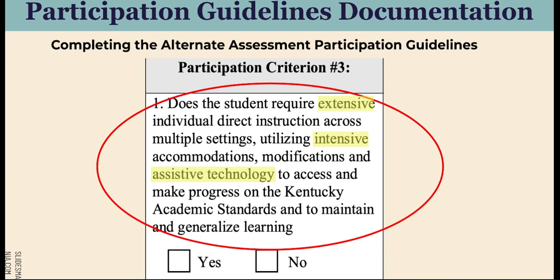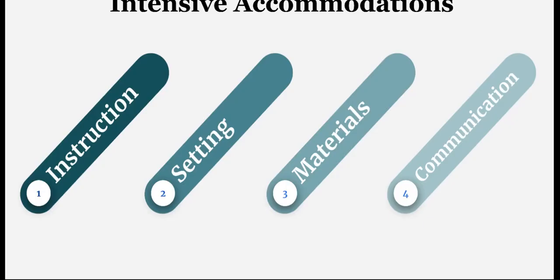So let's talk about that. What does it mean when we say intensive accommodations and modifications? So let's give some examples of what intensive accommodations are. The accommodations would be ones in which the student needs at all times across multiple settings and has demonstrated the need for these over time in order to achieve a level of proficiency. So, for example, in instruction, we're breaking up the lesson into smaller parts.